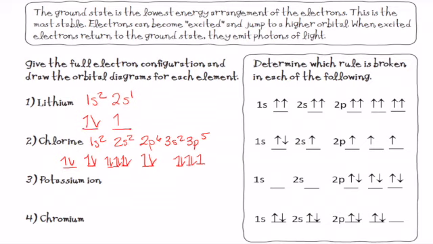So if we look at these examples of orbital diagrams, which rules are broken? So the first one, this is the Pauli exclusion principle, which says that there can be a maximum of 2 electrons per orbital, but only if they have opposite spins. So to correct that, we would need opposite spins for each of these. The second one, Aufbau's rule is broken.